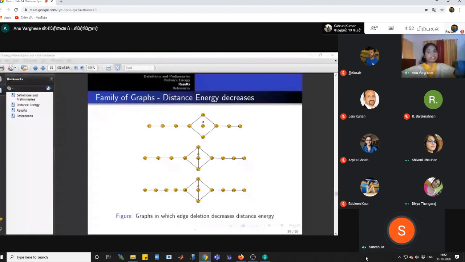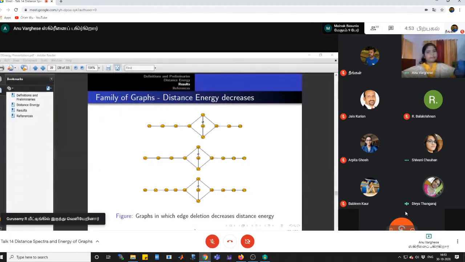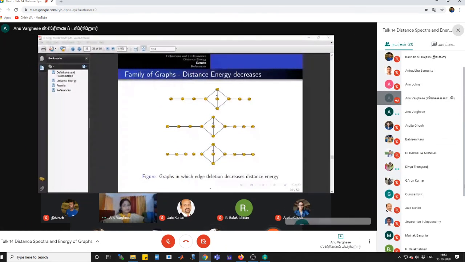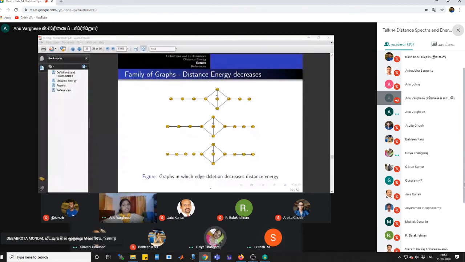You have given an example of the deletion of a vertex. Yes, ma'am. Under what condition would the result be true? Does there exist a class of graphs for which the distance matrix of H would be a principal submatrix of the distance matrix of G? Is there any other result?